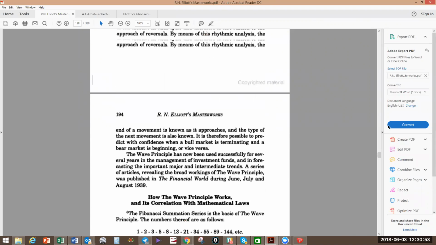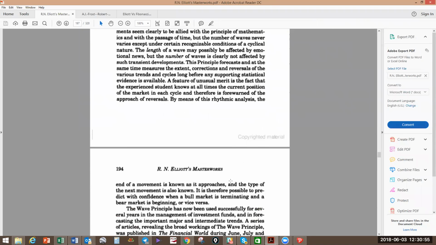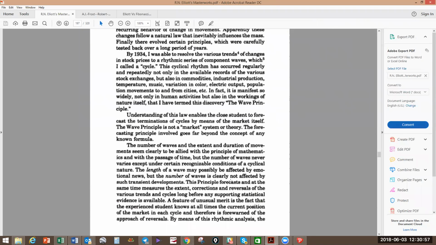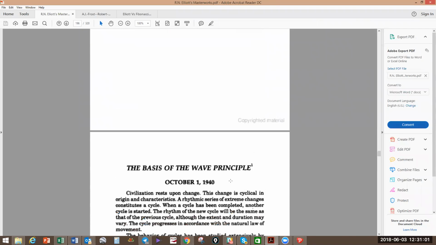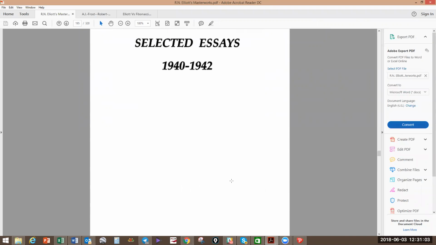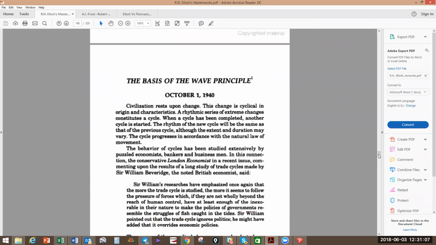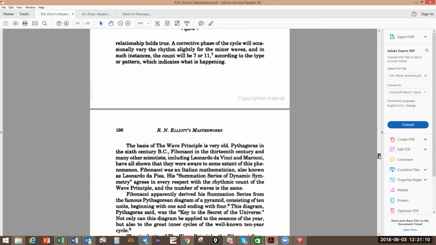Let's just find it. It's on page 194. I hope I can find it, if I can remember where it was. Let's see if I can find it. Otherwise, I'm just going to code it for you.